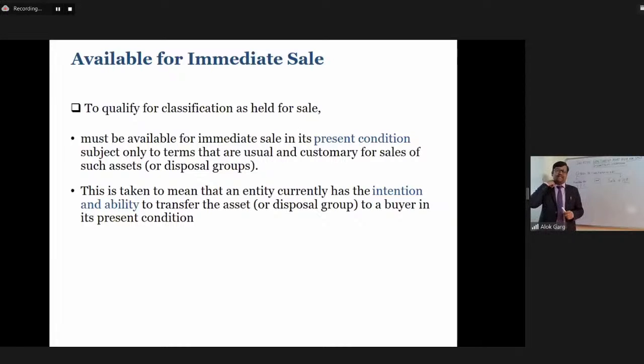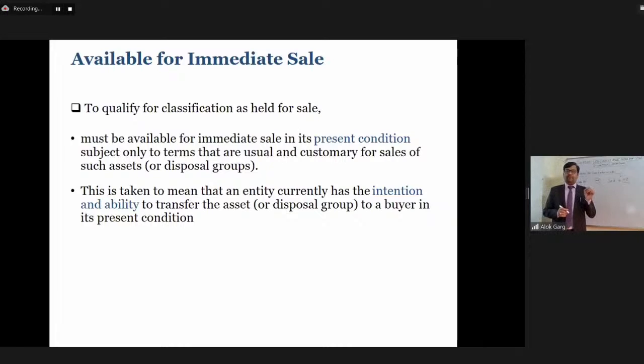The owner says that whenever you have a deal, the flat will be immediately vacated. So the time period could be customary in nature.